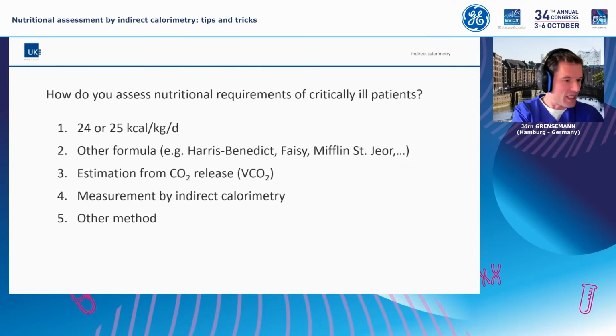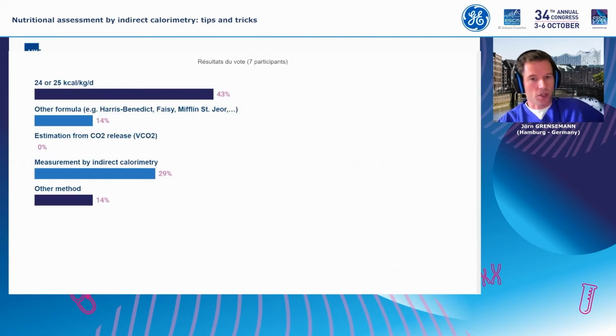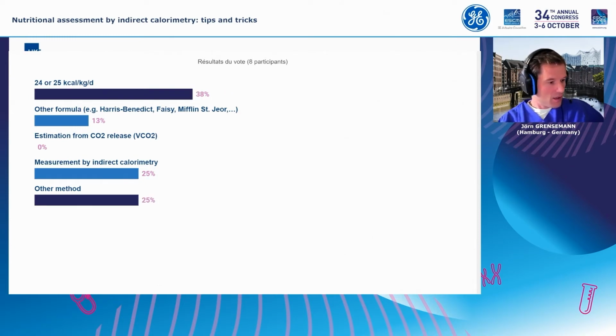So the intermediate results show that quite often the 24 or 25 kilocalorie estimation is used. Other formulas are used, and some are using indirect calorimetry. And even other methods are in use.